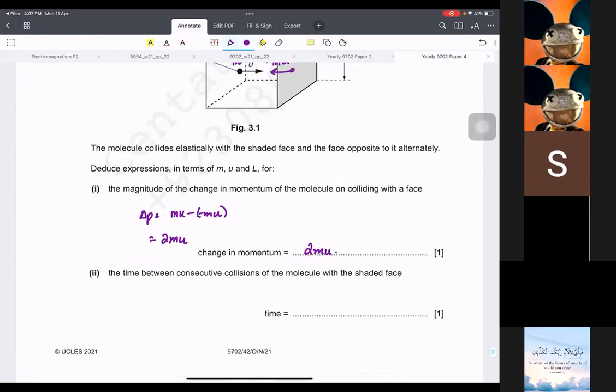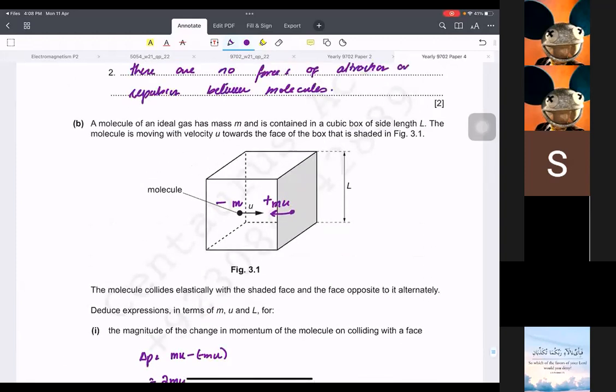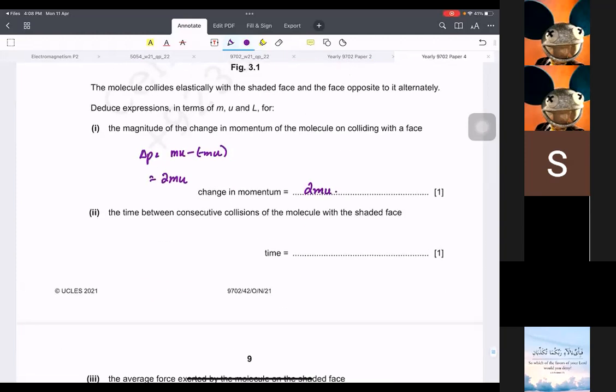Then it says calculate the time between consecutive collisions. It has to go twice the length to make one collision, so 2L is the distance over speed u, so that is the time. This is just distance over speed.